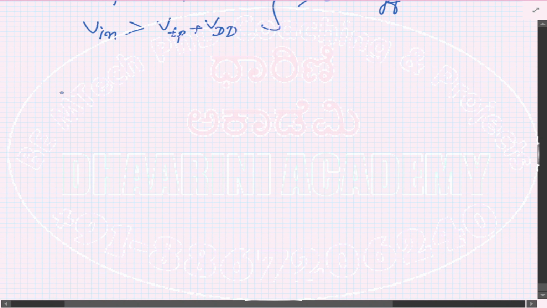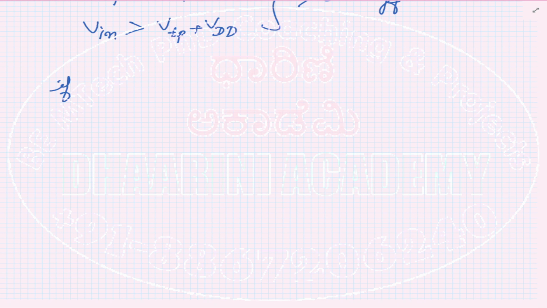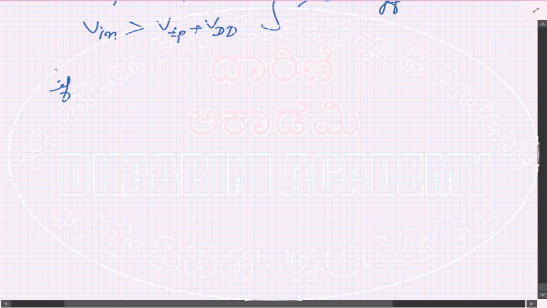That is, I want to check under what condition the device enters into the linear region. All right. So the gate to source voltage of a PMOS is now not greater, it is less than VTP. Either this is the condition, or you can also write it in terms of Vin: Vin is less than VTP plus VDD.